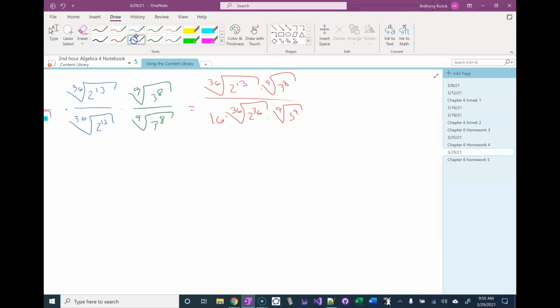So 2 to the 36th, taking the 36th root of that is just 2. The 9th root of 3 to the 9th is just 3. So the denominator, I just have 16 times 2 times 3, or 96.